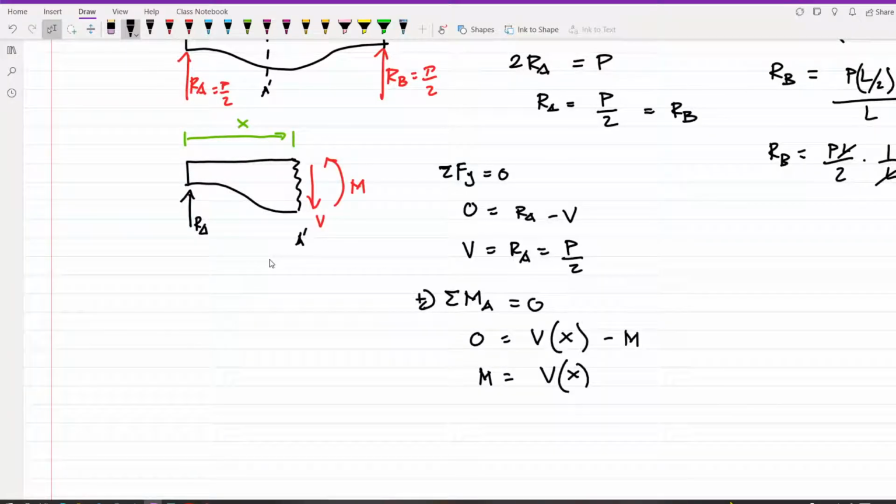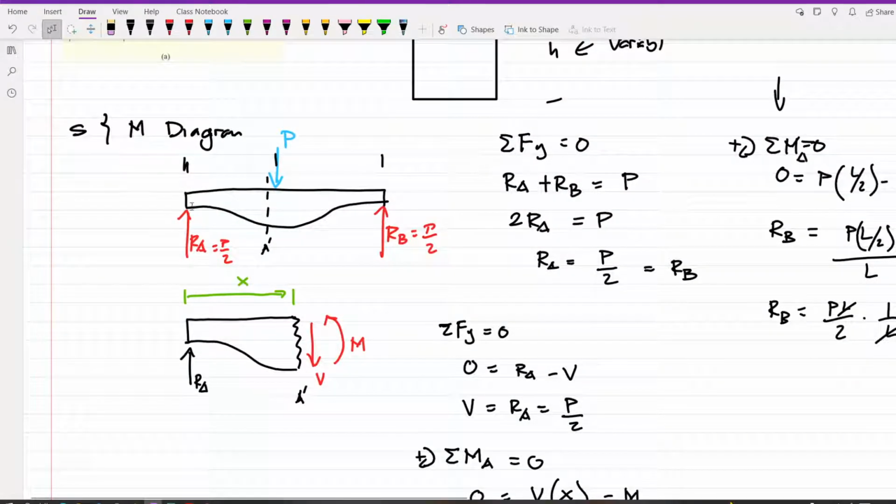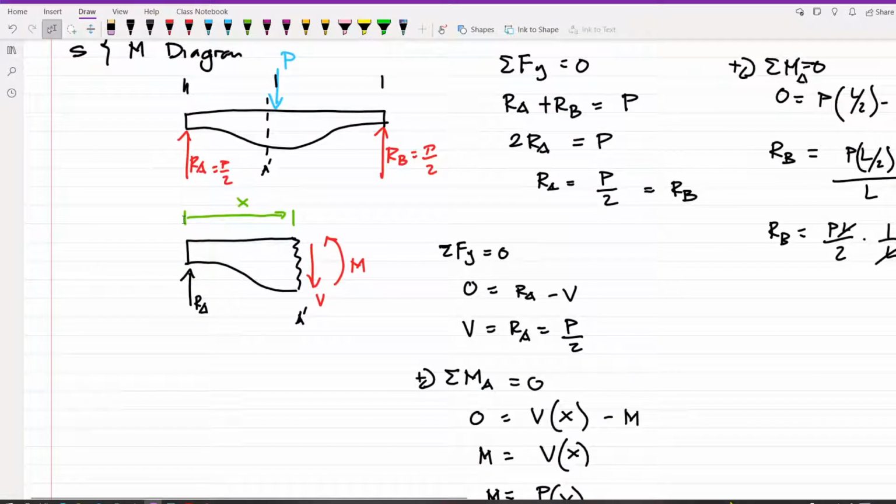Now, alam natin ang V ay P over 2. So, M is equal to P over 2x. So, may value na tayo ng M. Habang from here, ang value ng M ay P over 2x, kung ano man yung x.